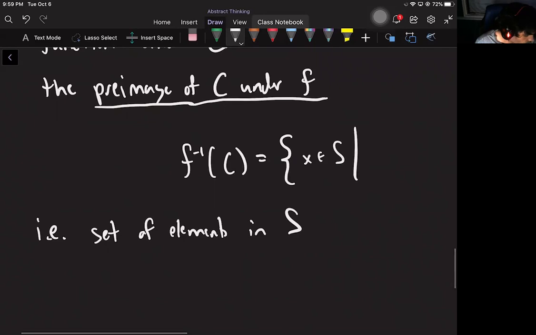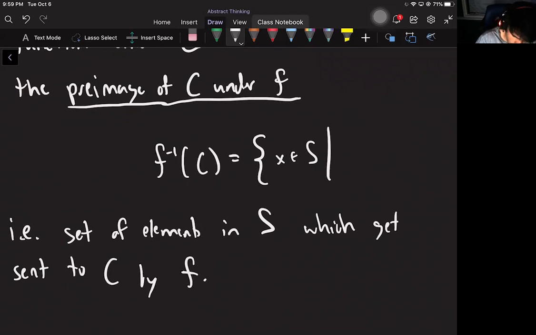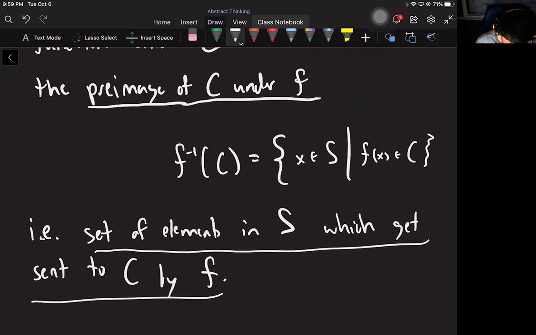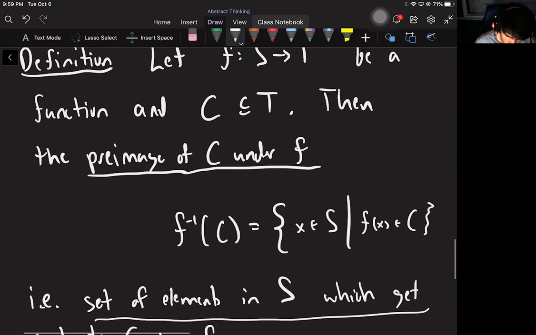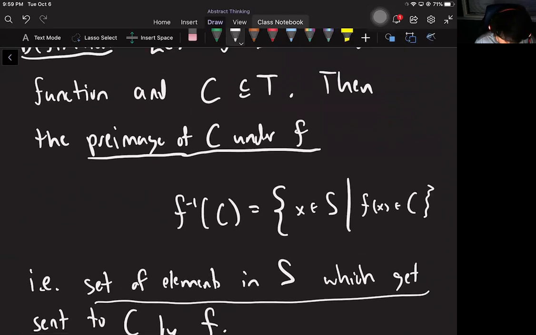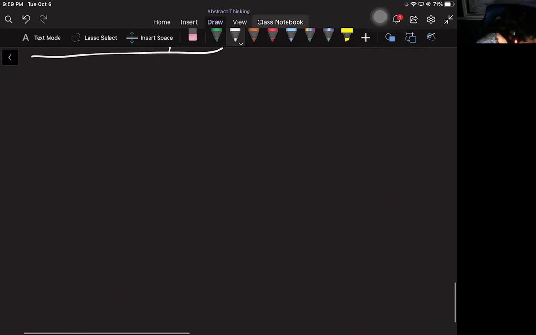Which ones? The ones you could think of as getting sent to C by f. So how can I write that in this notation? Well, that just means that if I plug x in, it should be living in C. And that's exactly what this is saying, but this is in words instead. So it's the stuff in S that gets sent to that subset. And this one's a bit trickier because things can get sent to the same subset in different ways, which will come up sometimes.